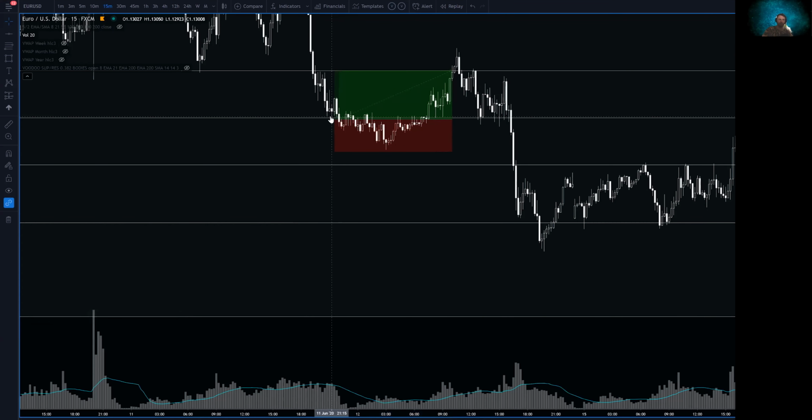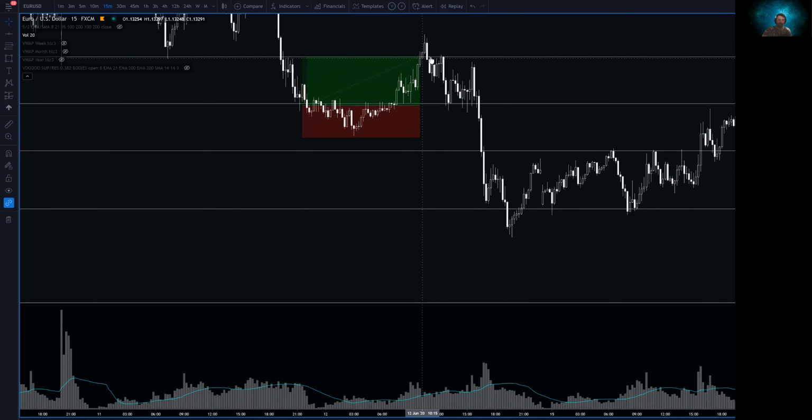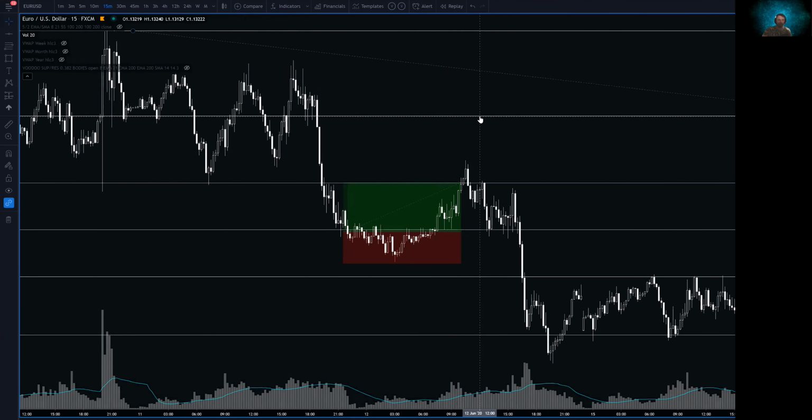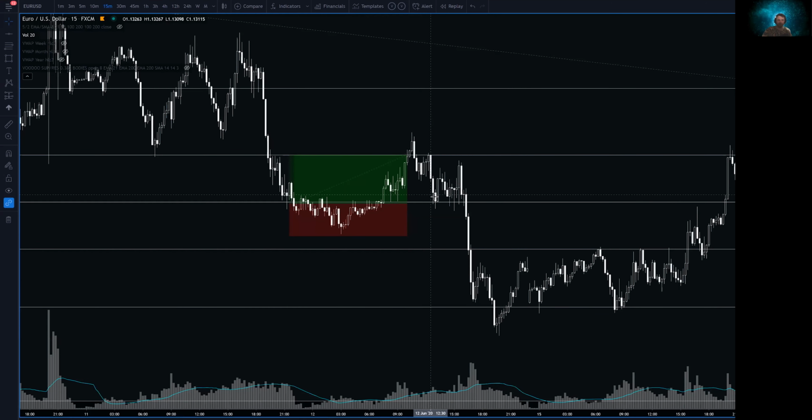So even if you're blindly buying and making a 1.5-to-1 trade, this one would be a winner. This one, if you want to trade it to the upside and you're wrong about the bias, would be a loser. But then you know, because you were kicked out, that you want to be trading to the other side, or you want to treat it as a resistance.